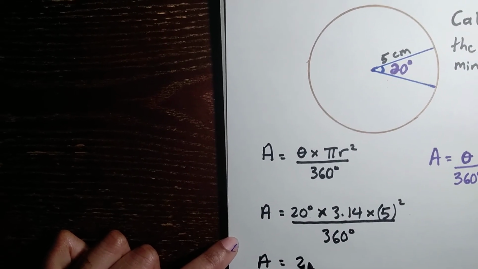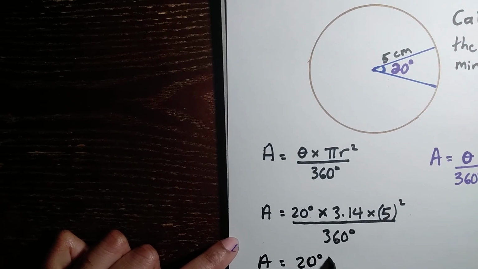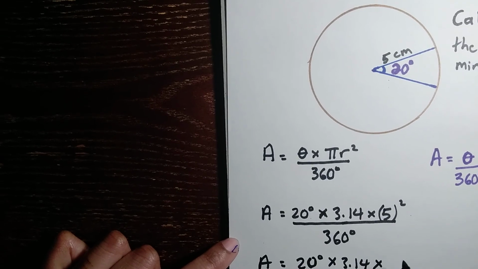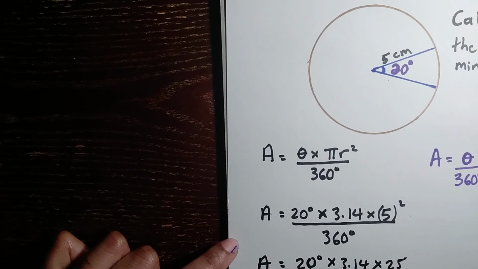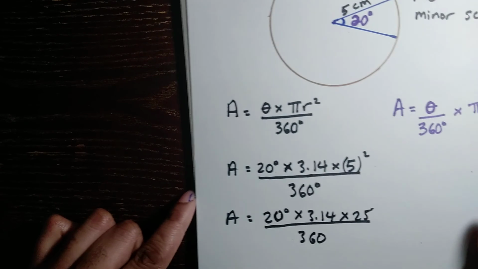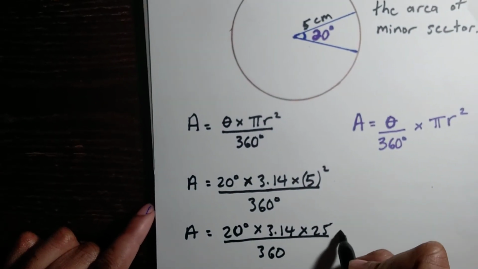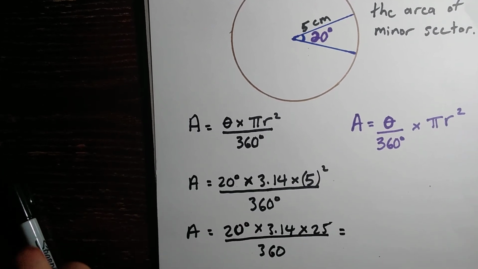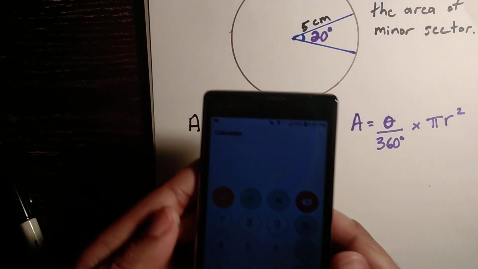So 20 degrees times 3.14 and 5 squared is 25, over 360 degrees. Let me find what this would multiply to give us. All right.